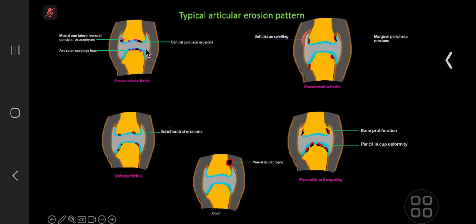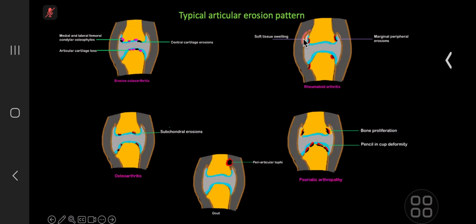The differentiating feature between erosive arthritis and osteoarthritis is to look at the central cartilage loss, which is very typical for erosive osteoarthritis, whereas mostly subchondral erosion happens in classic osteoarthritis.